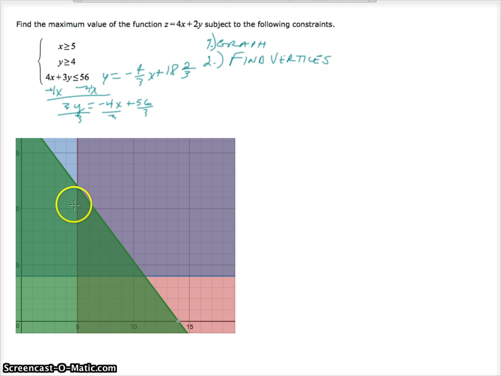This is where my lines intersect. They intersect here at 5, 12, 5, 4, and 11, 4.